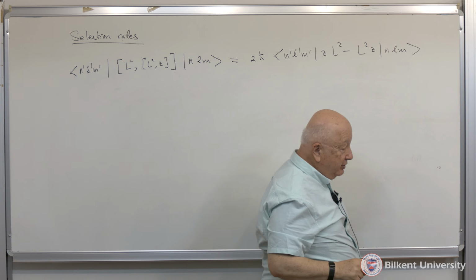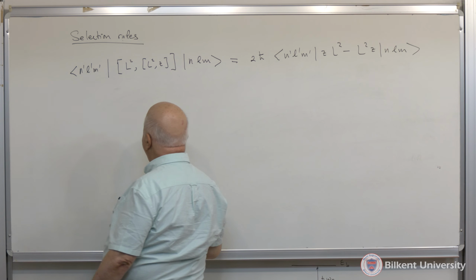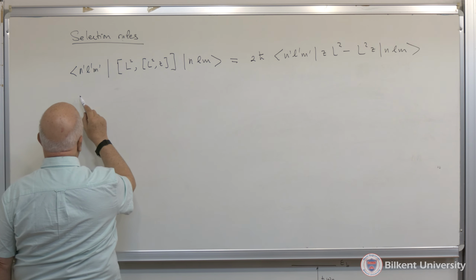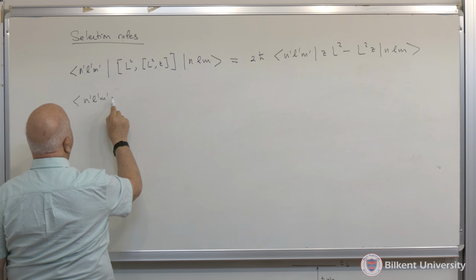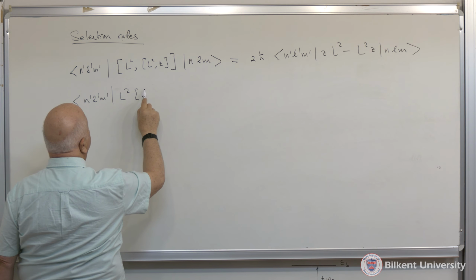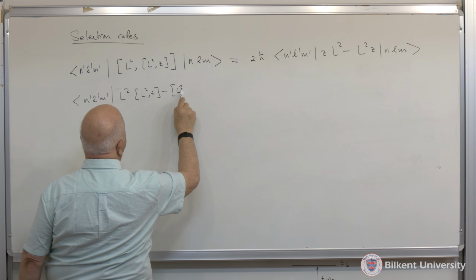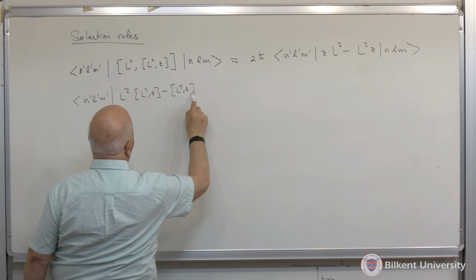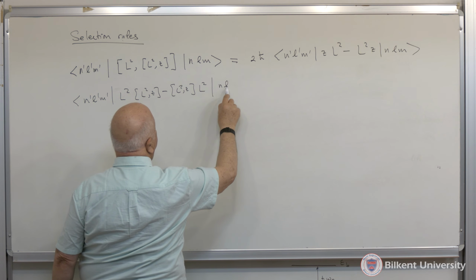Okay, so we have this huge expression. So what does this do? This is going to give me n prime, l prime, m prime, and then L squared Z minus L squared Z L squared and n l m.